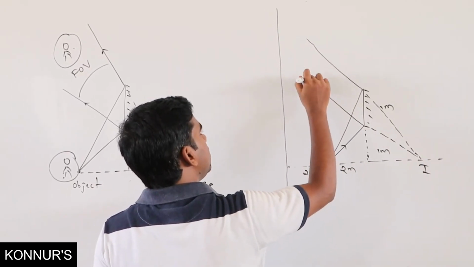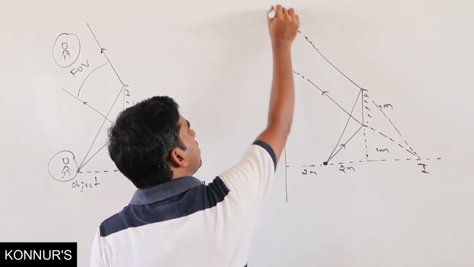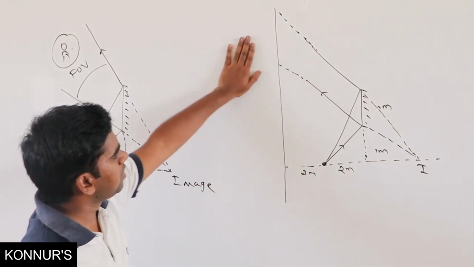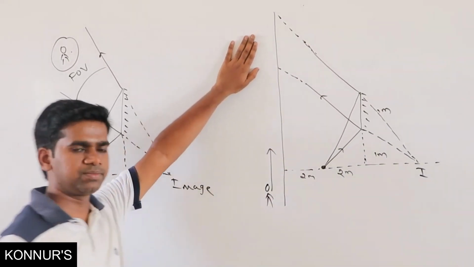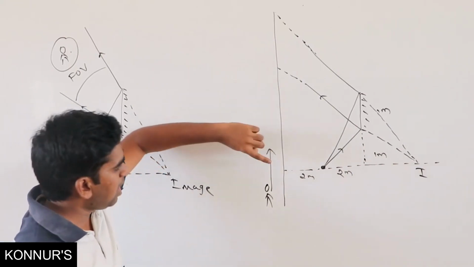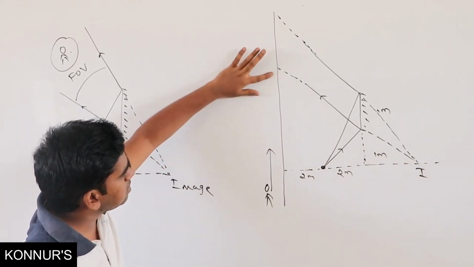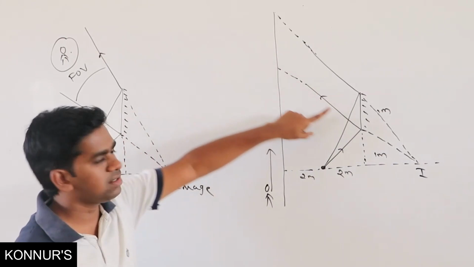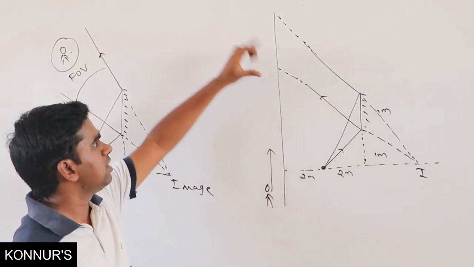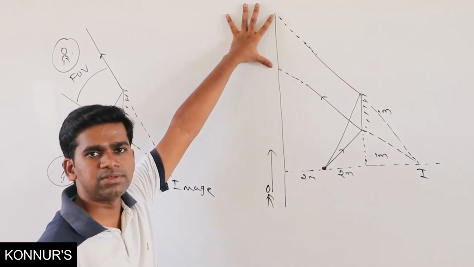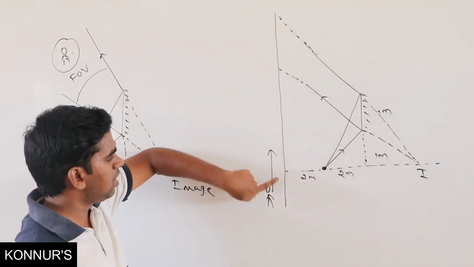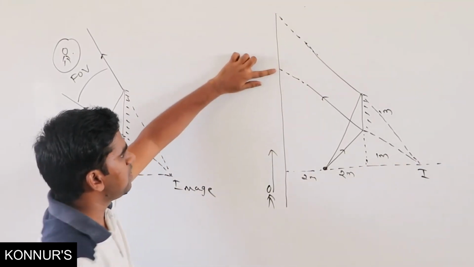Now if a person is moving in this direction, they will ask, after moving how much distance this person can see the image, or they may ask for how much distance he is able to see the image. Getting the point? Till here he will not see the image.